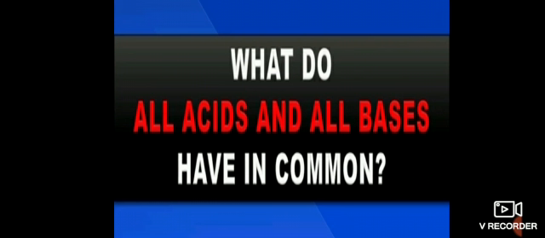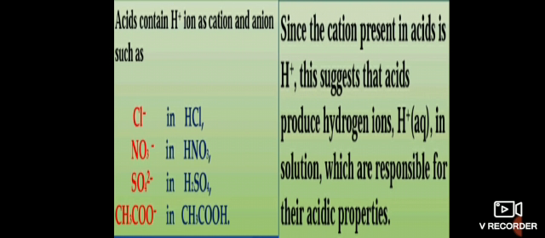What do all acids and all bases have in common? Do you think? Yes. Acids contain H+ ion as cation and anion such as Cl- in hydrochloric acid, NO3- in nitric acid, SO4 2- in sulfuric acid, CH3COO- in acetic acid.